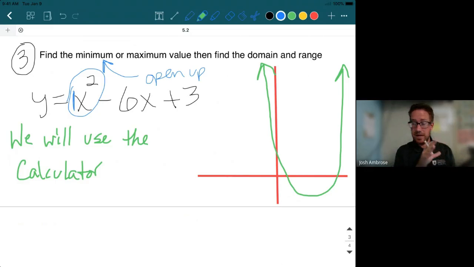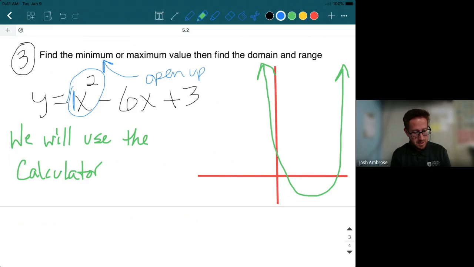Now, if you're looking at your calculator, it should say left bound. Now, what you need to do is hit the right arrow. If you're looking at my calculator, at least, I need to get that blinking X that's on the screen as close to the minimum value, like right there at the bottom of the graph as possible, but slightly to the left. That's what left bound means.